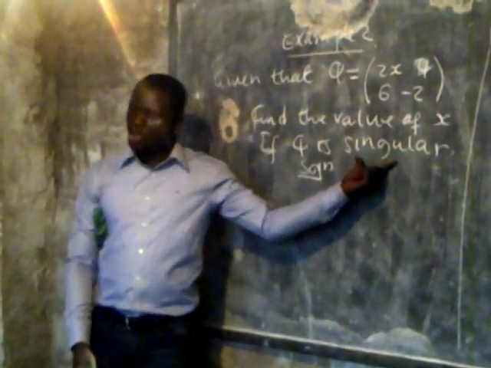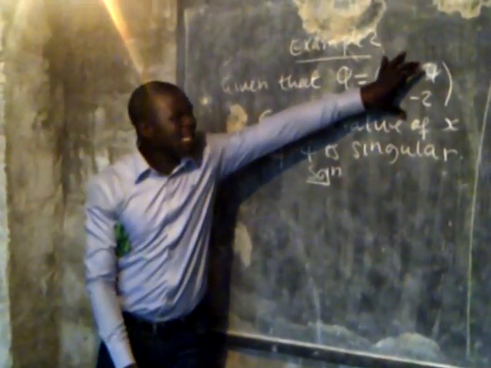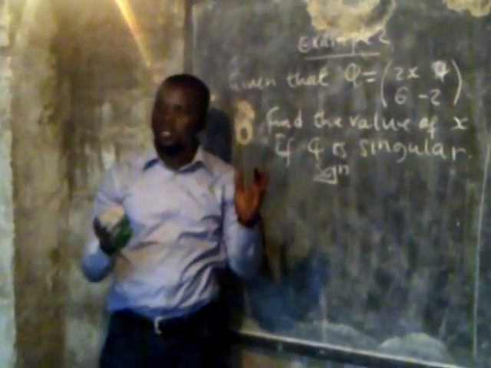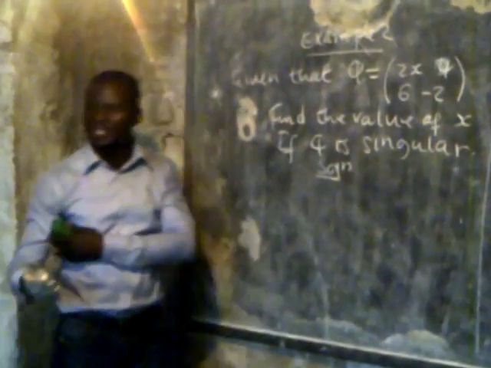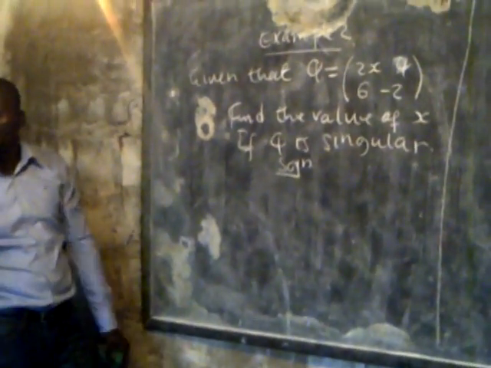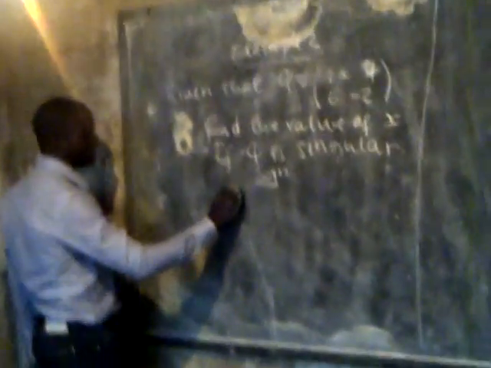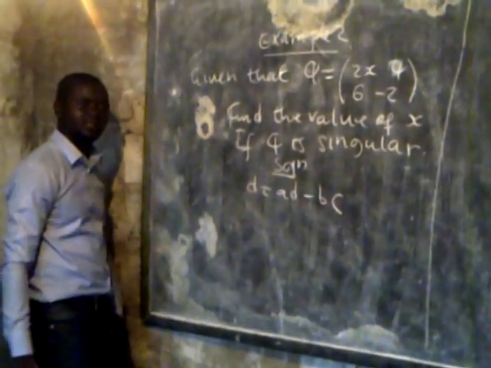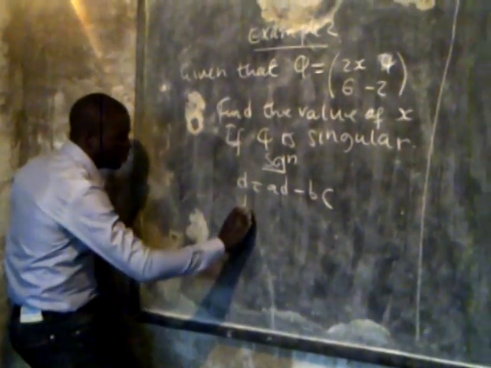Are we together? So if you calculate the determinant of Q, you must equate it to 0. That's the meaning. And then you solve for x. So you know determinant equals AD minus BC.